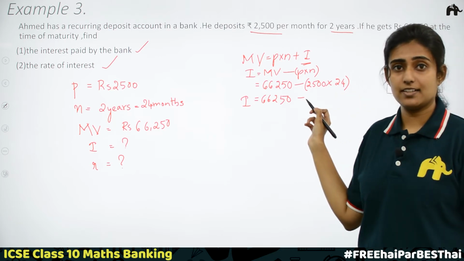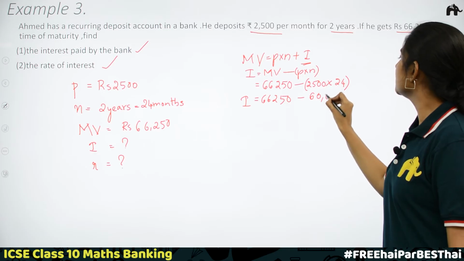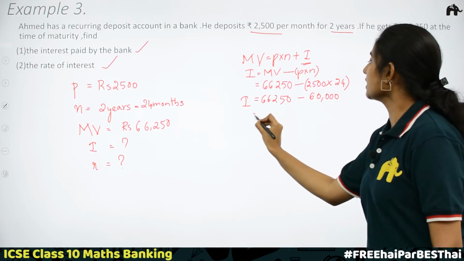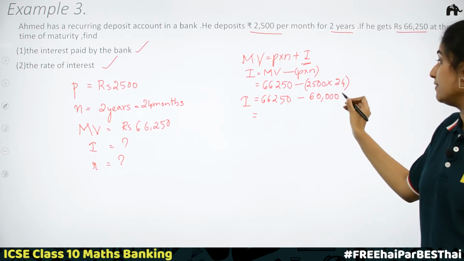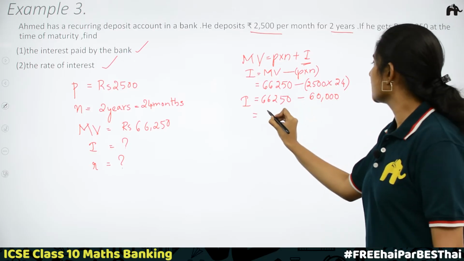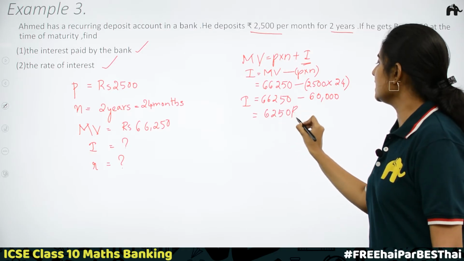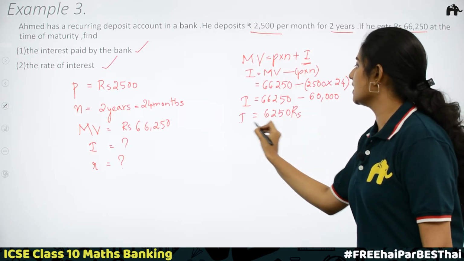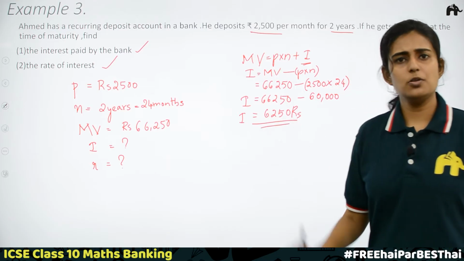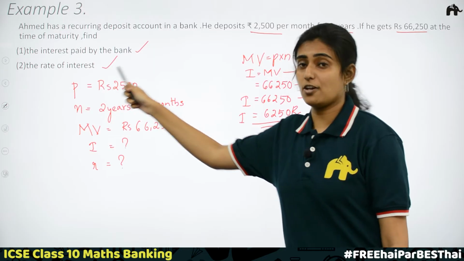What do you get? Yes, 60,000. Subtracting 60,000 from 66,250, 6,250 rupees. This is the value of interest. So we determined interest. Now using interest, you can find the rate of interest. That is the second part of the question.